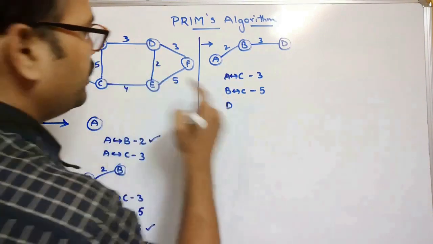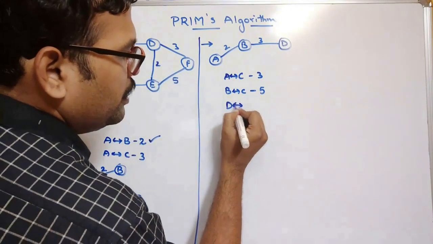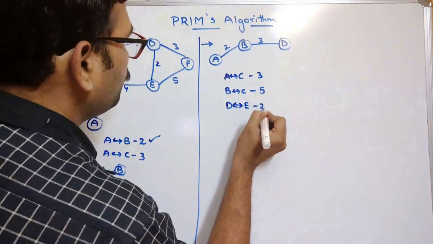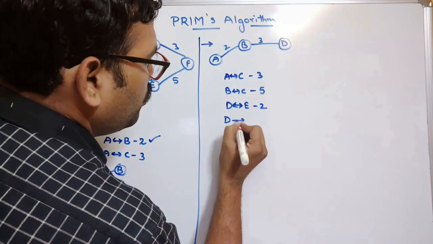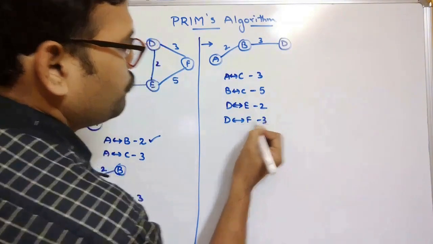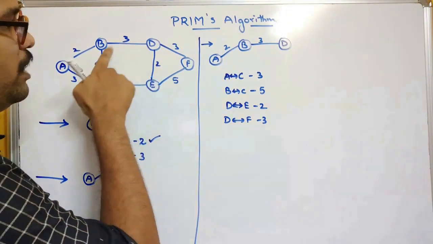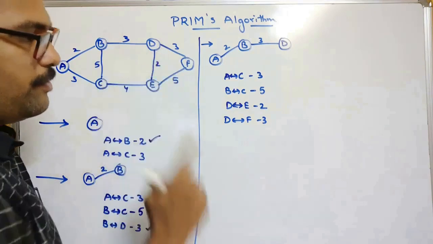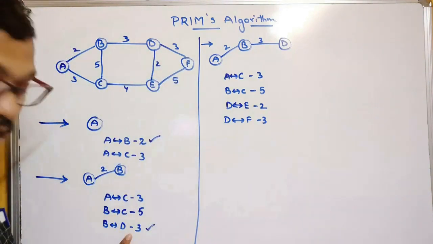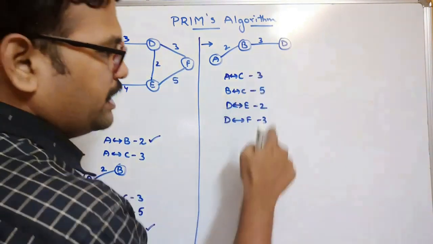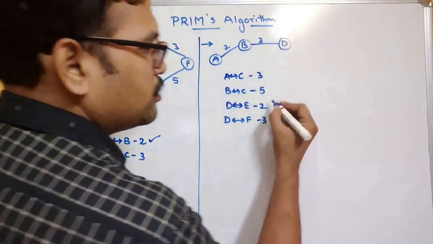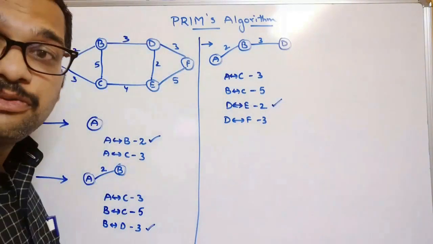Now D to E with a cost of 2 and D to F with a cost of 3, right? So the edges of D are D to B, D to E and D to F. So among these, D to B is completed, right? Now among these, what is the minimum cost? So this one, the least weighted edge.